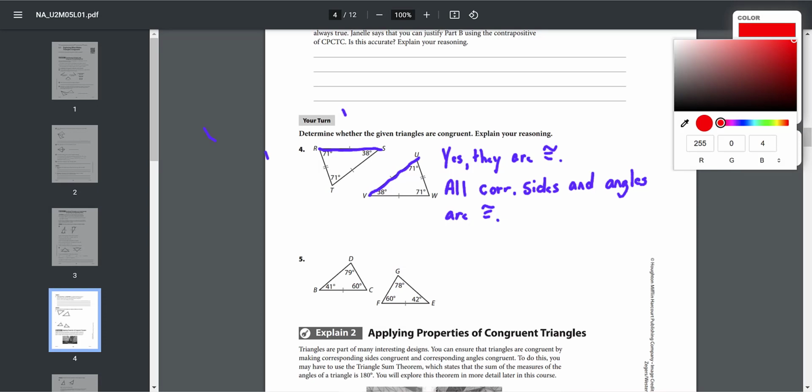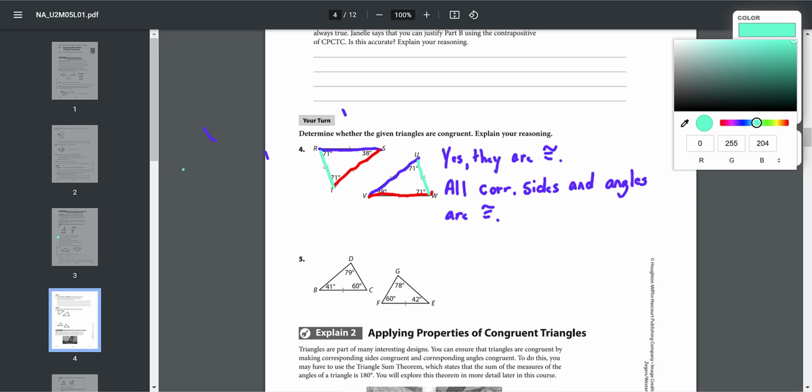You can say segment TS is congruent to segment VW because they also have single hash marks through them. And of course, all of these segments are congruent to each other as well. Then segment UW and segment RT both have two vertical lines drawn through them, so we know those are congruent.